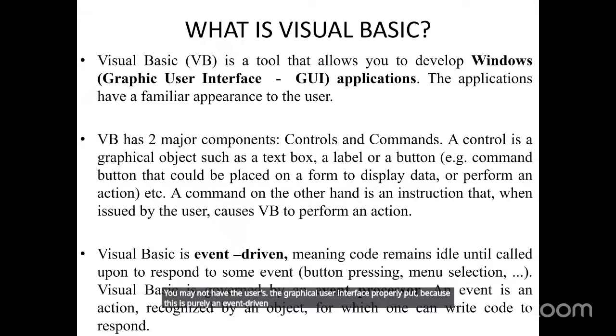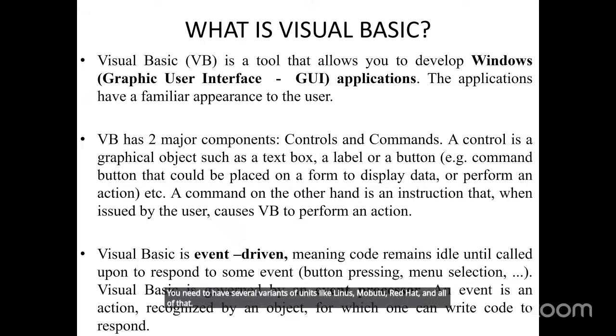I'll explain as we move on what we mean by event-driven. For your operating system, we have more than one: we have Windows, Macintosh, Unix, and several variants of Unix like Linux, Ubuntu, Red Hat, and all of that.